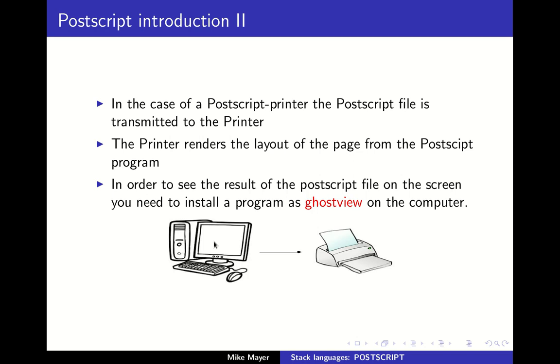It describes the page in the form of a computer program, where it says, okay, there should be a circle with this and this diameter, and there should be a line, and there should be a text with this font, and so on. Then this information is transferred to the printer, and the printer calculates out of this description what the value of each of the pixels should be, and then prints it out.